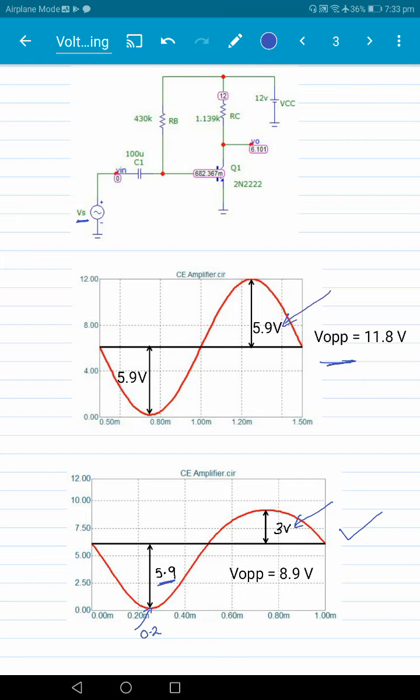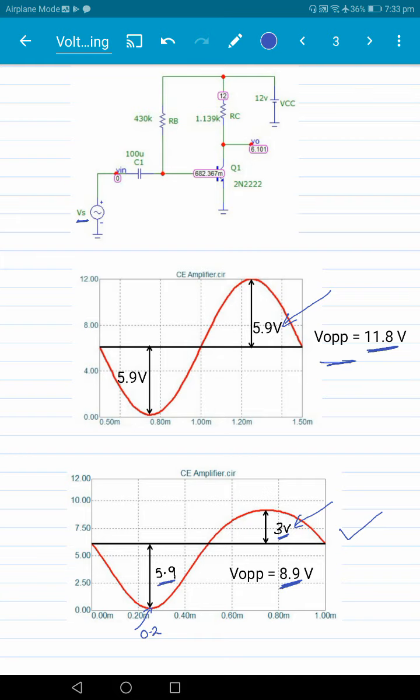You see a lot of nonlinearity, a lot of distortion. The negative swing is 5.9 volt, and the positive swing is only 3 volt, and the peak to peak value is only 8.9 volt. So it's considerably lower than the 11.8 volt we were expecting.